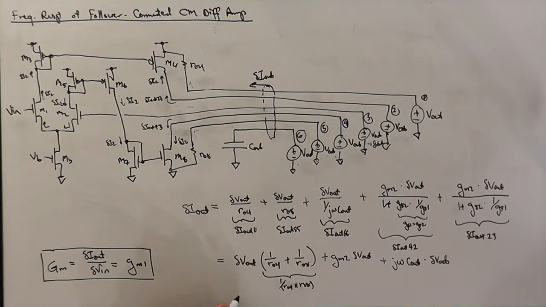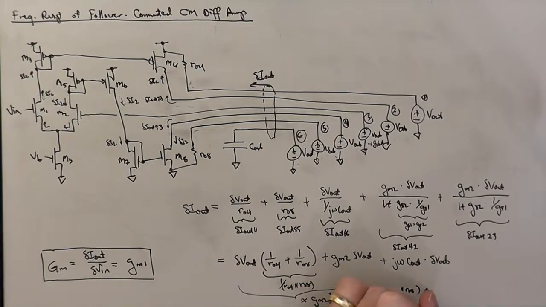So these first two terms here are approximately just GM2 times delta V out if GM2 times RO4 parallel RO8 is much greater than 1.